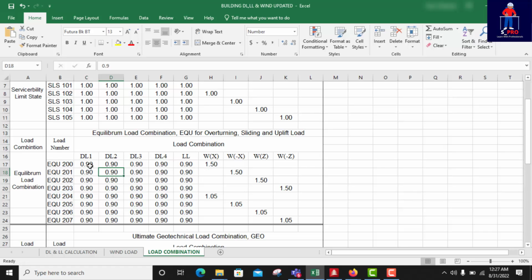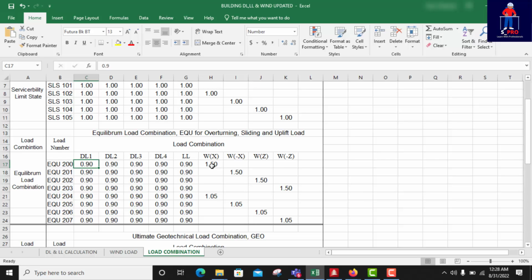The aim for this load combination is to check our equilibrium, overturning moment and uplift. So you want to reduce the dead load of the structure by 0.9. The actual dead load should be 1. When you multiply by 1, you get the actual dead load. But if you multiply by 0.9, you are reducing it by 10%, and we are using 1.5 to multiply the wind effect, making the wind have more strength.